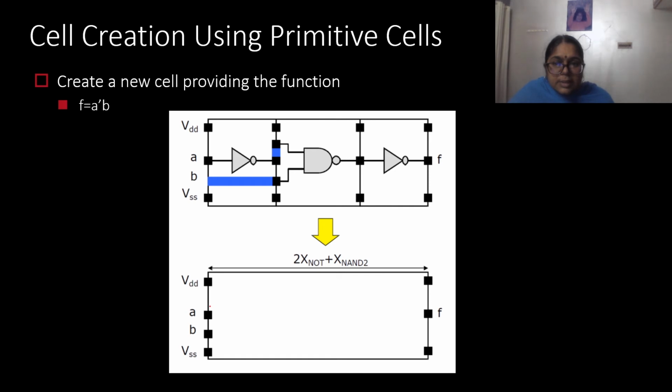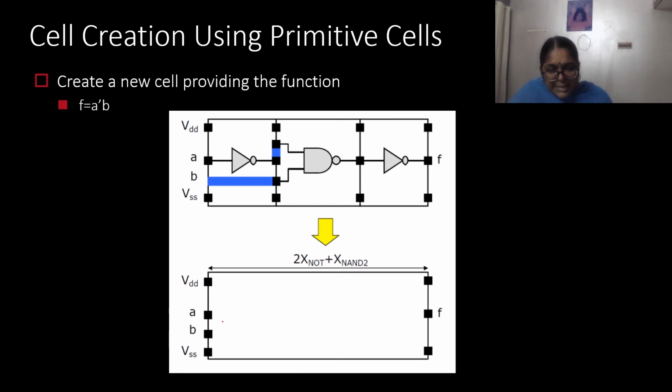So the complete cell which is going to be formed will have a width equal to the width of the NAND gate cell plus 2 times the width of the NOT gate cell.